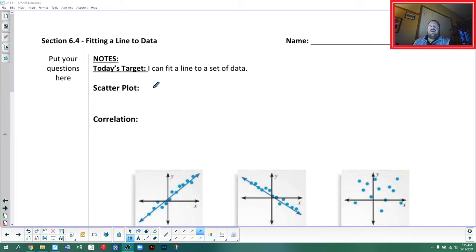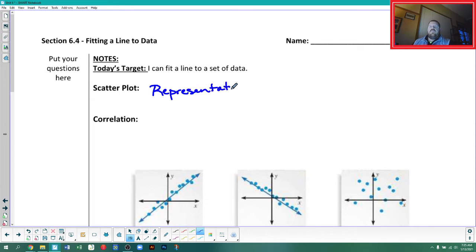A scatter plot is a representation of bivariate data.